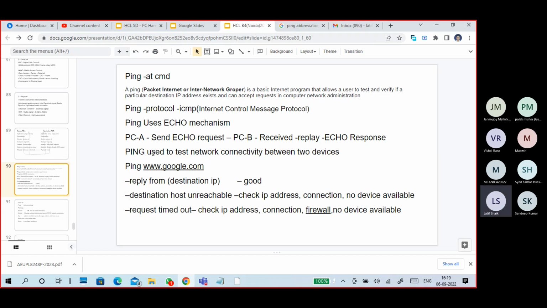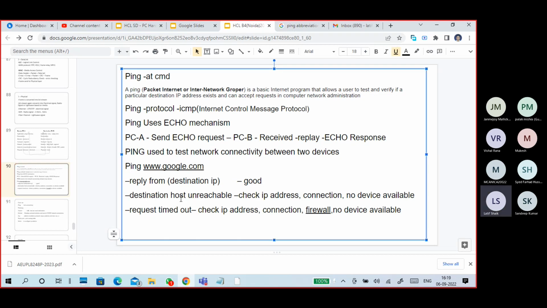Next, for example, you are pinging either to Google, ping google.com, or you can use an IP address like ping 192.168.1.115. Anybody can use this. You are pinging to an IP address or to a name.